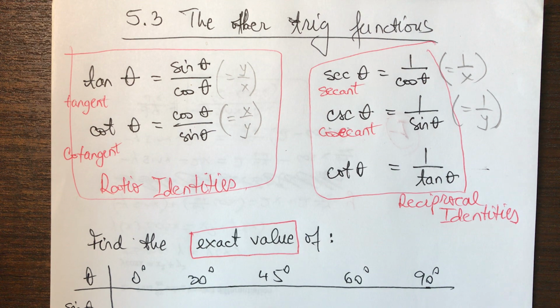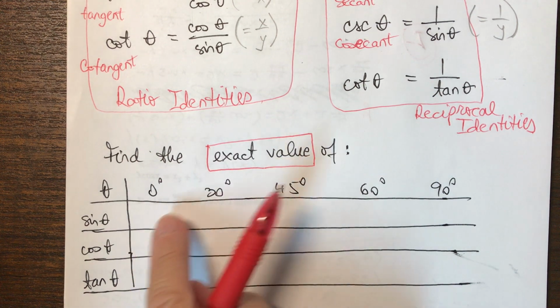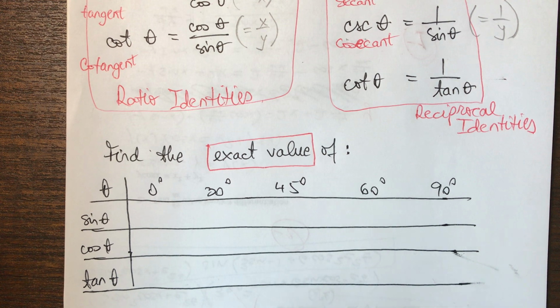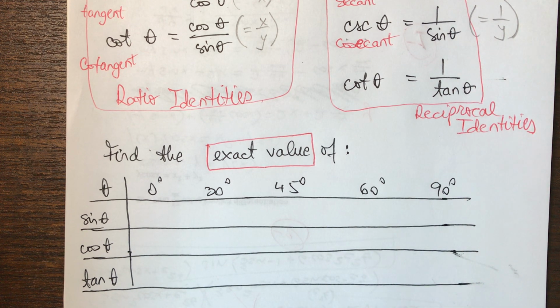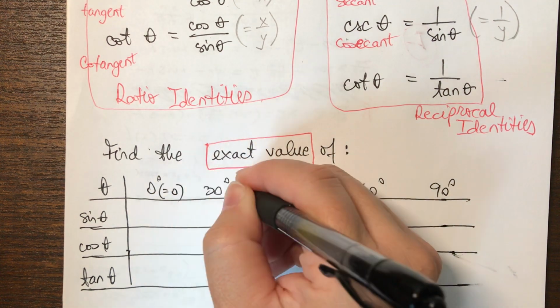Exact value, in other words, don't touch your calculators. So for this, of course, we want to think about the exact values of sine, cosine, and I'm now extending this table or chart to tangent as well. And I'm going to put the radian measures in parentheses.